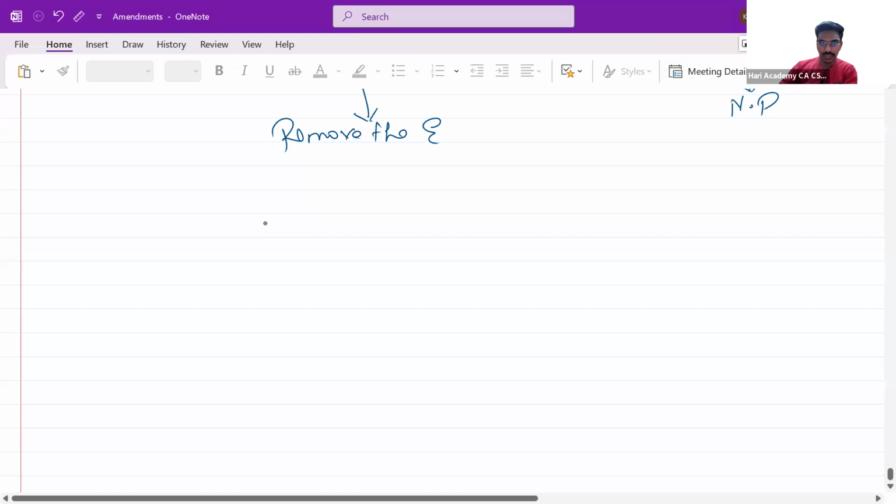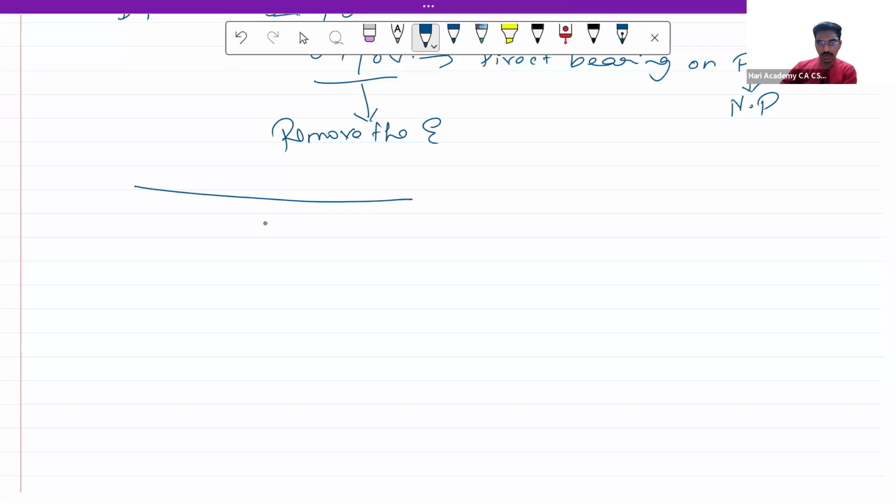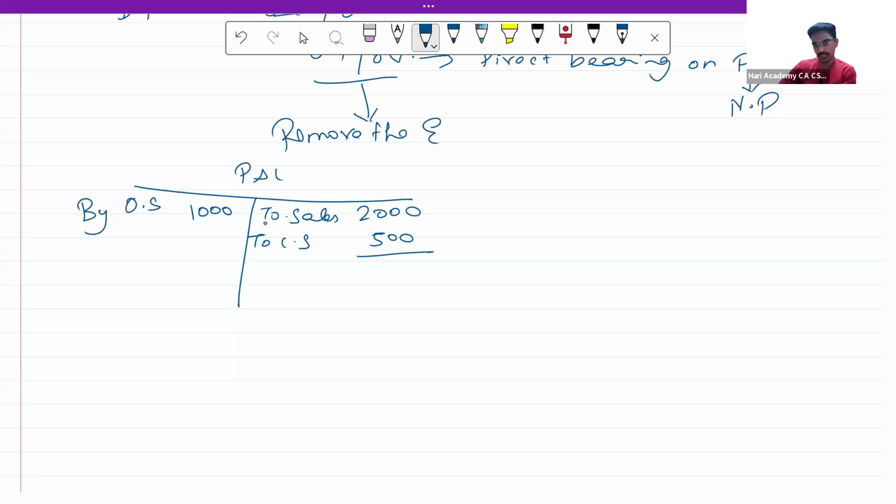See, very simple. This is your profit and loss account, for example. Okay. So our starting point is going to be opening stock. By opening stock, assume, say this is 1000. For example, all these figures are imaginary. Okay. So here to closing stock, we are putting 500. And to sales, I'm not having any other thing for sake of convenience. To sales, 2500.